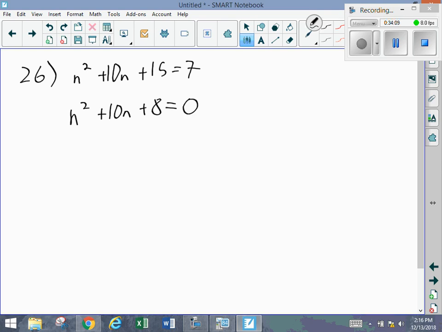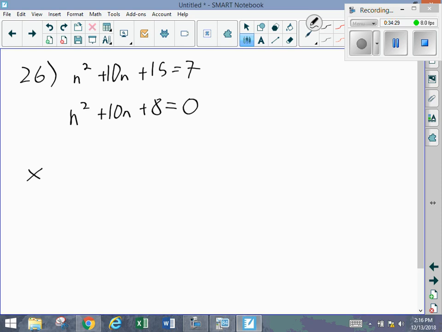Can I think of 2 numbers such that if I multiply them, I get 8, and if I add them, I get 10? There aren't any. Think factors of 8. We got 2 and 4, and 1 and 8. None of those can add to 10.